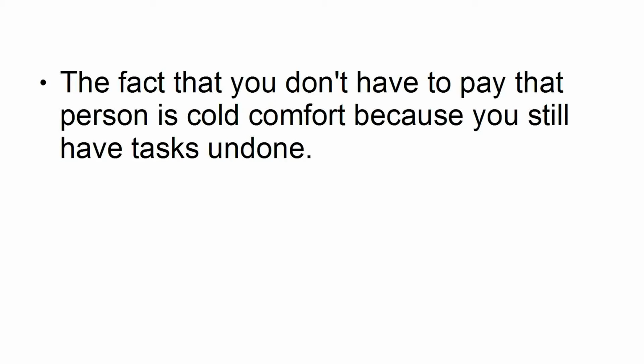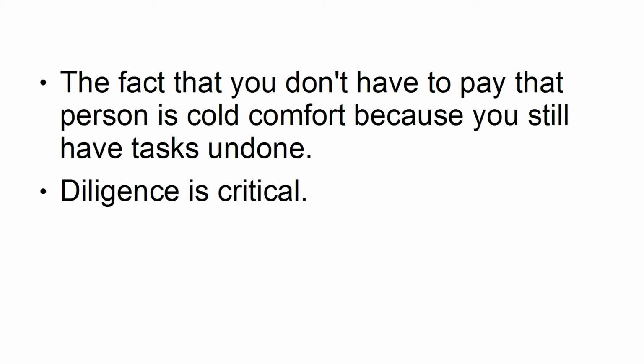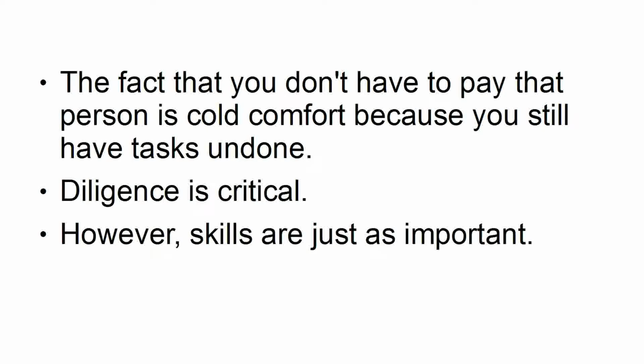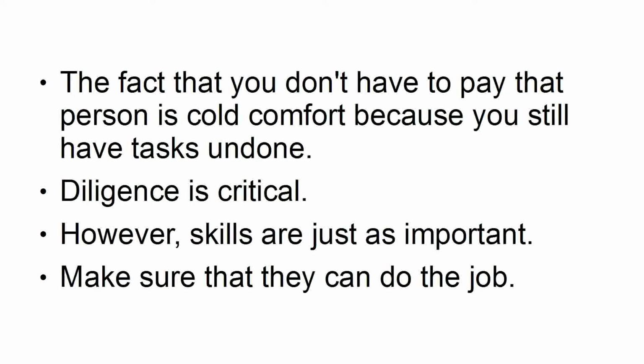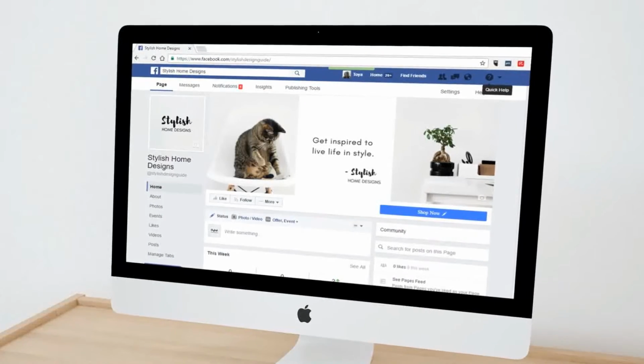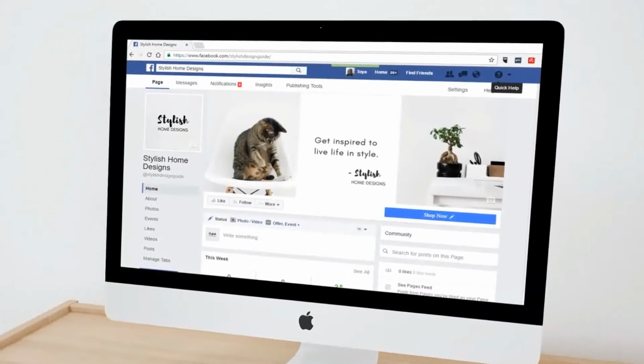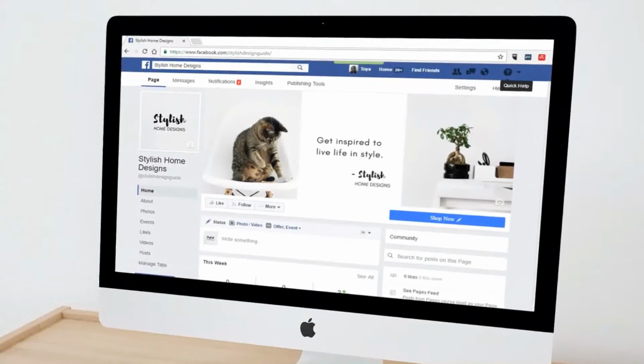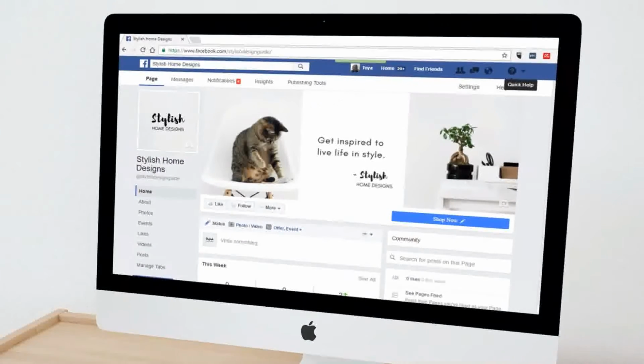The fact that you don't have to pay that person is cold comfort because you still have tasks undone. Diligence is critical. However, skills are just as important. Make sure that they can do the job. Whether you're doing Facebook marketing, ad management, social media marketing, or content marketing, the VA you select must do a good job.